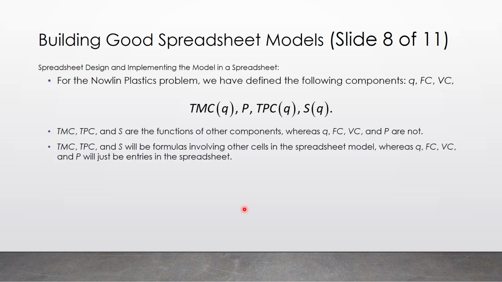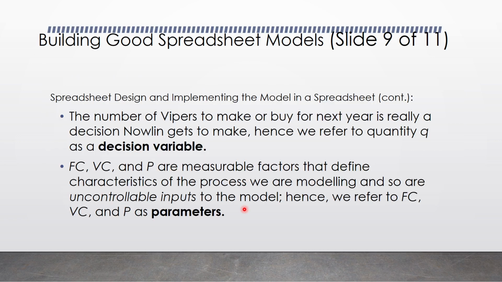Now, we have the spreadsheet design and implementing the model in a spreadsheet. There are several guiding principles for how to build a spreadsheet so that it is easily used by others and the risk of error is mitigated.